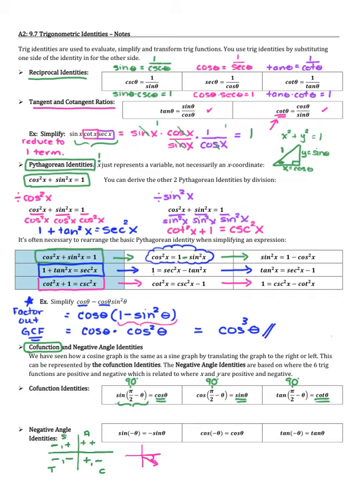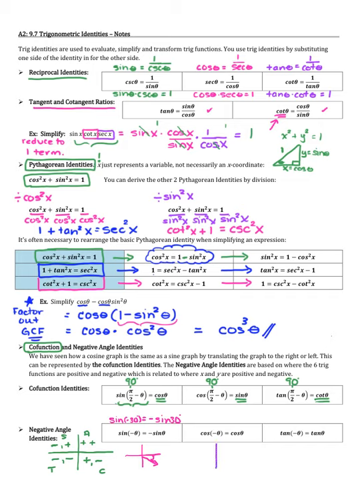That may sound crazy, but the way this works is, if I gave you sine of negative 30 degrees, that would equal the opposite of sine 30. That's what that means. It's considered a simplified form if you don't have a negative in front of your angle, so you could pull the negative out in front.